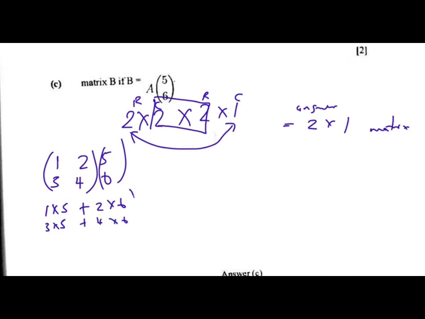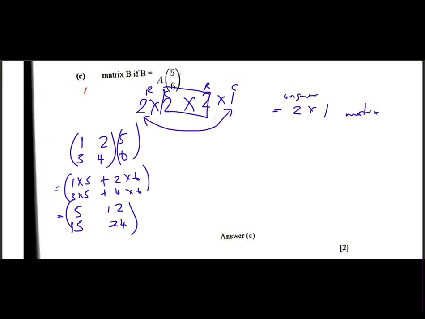Then we compute those. 1 times 5 gives us 5, plus 2 times 6 gives us 12, so it will be 5 plus 12. The second is 3 times 5 plus 4 times 6, which gives us 15 plus 24.